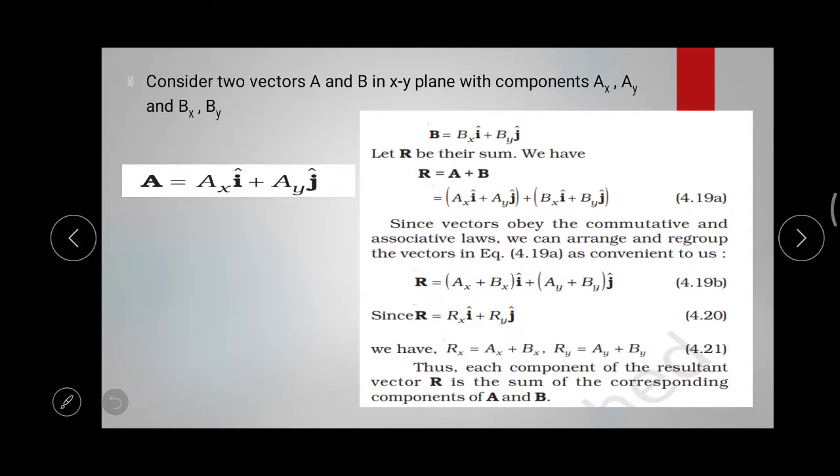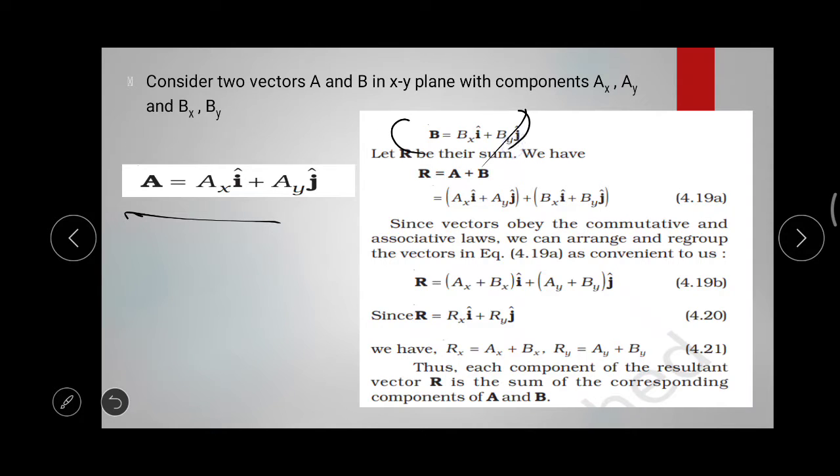Now you are going to find out the sum of these individual vectors, vector A and vector B, where you have already written the vector A and vector B in terms of the components.